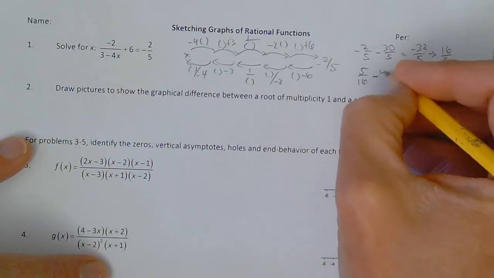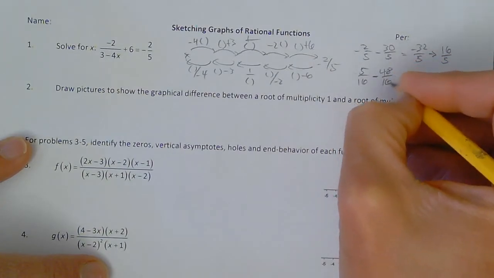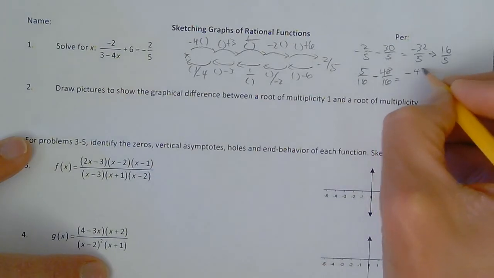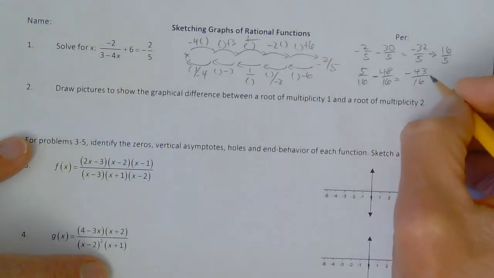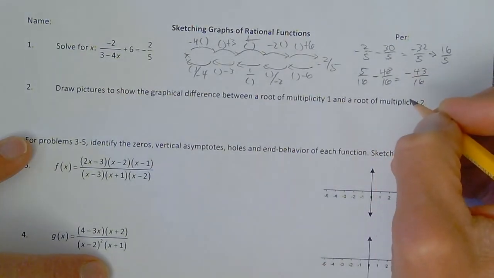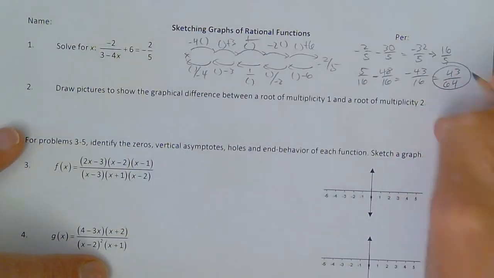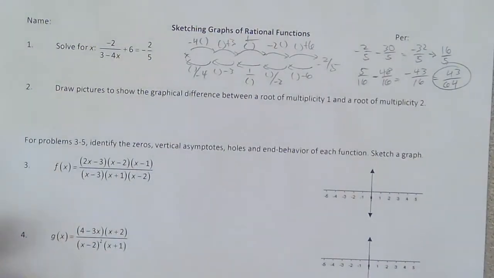Minus 3 is 48/16. 5 minus 48 is -43/16, and divide that by -4, and we're going to get 43/64 as an answer there.